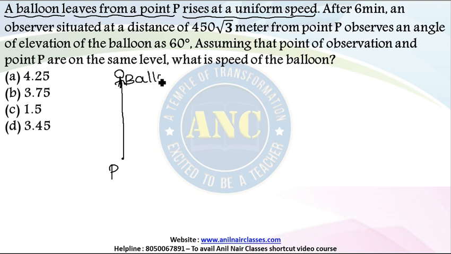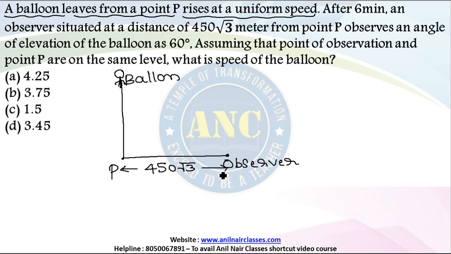Next, after 6 minutes, an observer situated at a distance of 450 root 3 meters from point P. Let me call that observer O, or I will just call it the observer, and this distance is given in the question as 450 root 3.